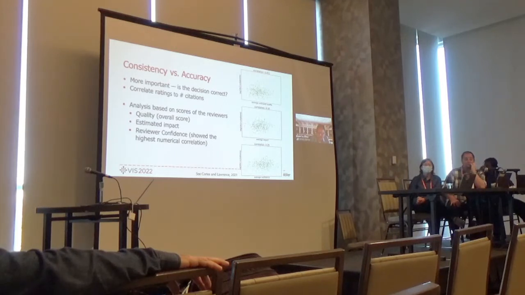On the y-axis is always the number of citations, here in log scale. And you see, in my humble opinion, there's not a whole lot of correlation. And in fact, the highest numerical correlation is with the reviewer confidence, the confidence that the reviewer gave for reviewing that paper.